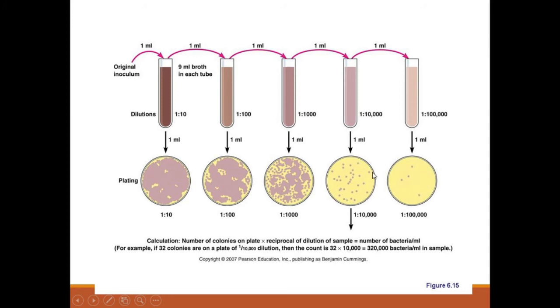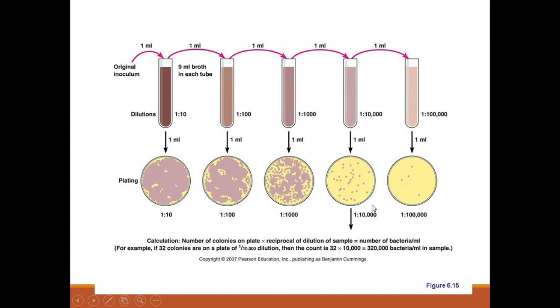You have to count 1, 2, 3, 4, 5, 6, 7, 8, like that. If it is 80, then 80 into 10 raised to 4, since it is 1 in 10,000. It is 10 raised to 4, not 10 raised to minus 4. So the dilution factor is 10 raised to 4. Otherwise we won't get an exact number; it would be 0.000, like that.